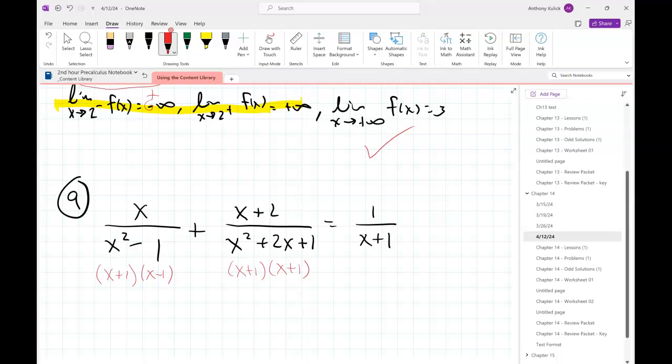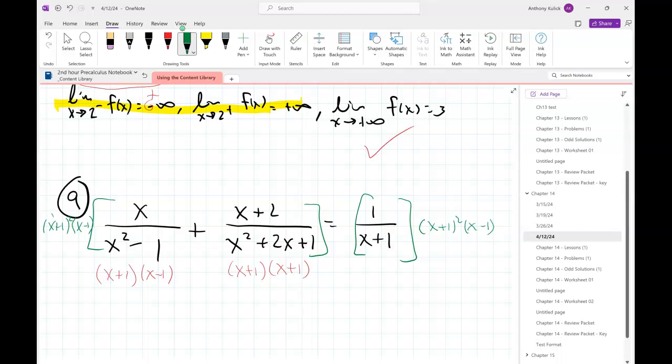And the last one doesn't factor at all because it's already monic or whatever. All right, so what are we going to multiply both sides of this equation by? Close. Yeah, (x plus 1)(x minus 1). I'm going to write it as (x plus 1) squared times (x minus 1) instead of (x plus 1)(x plus 1), but either is fine. Okay.